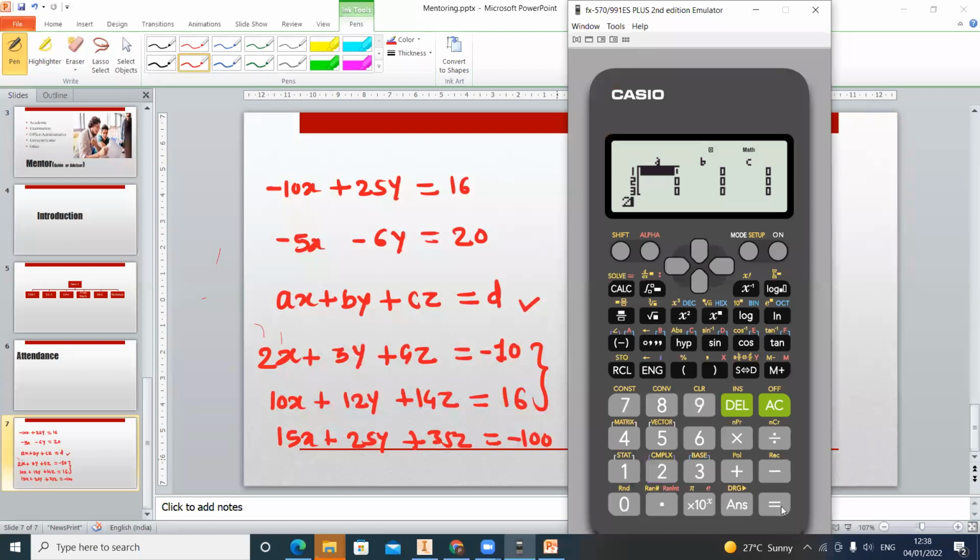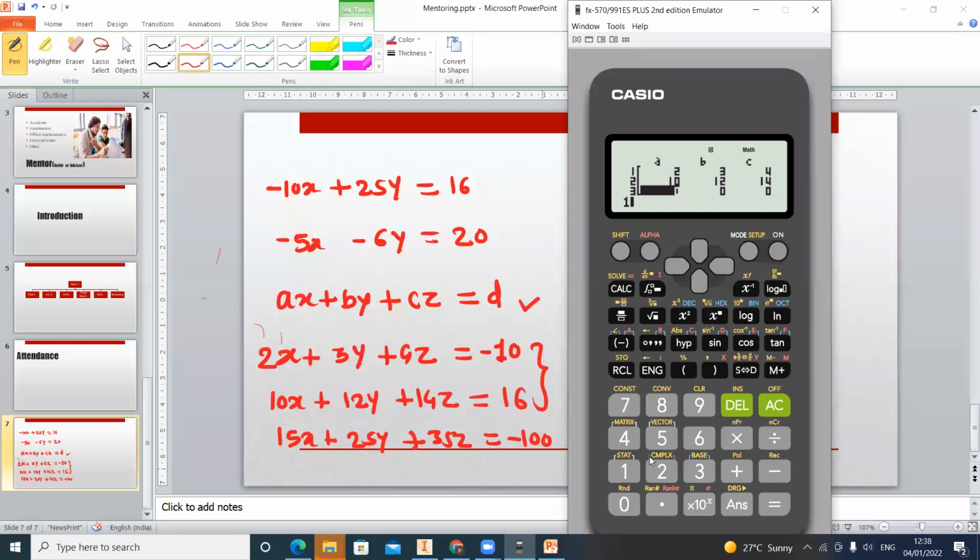First is 2 equal to, 3 equal to, 4, and the right side constant, which is minus 10. Next is 10x, then 12y, the next is 14, and the constant on the right side is 16.